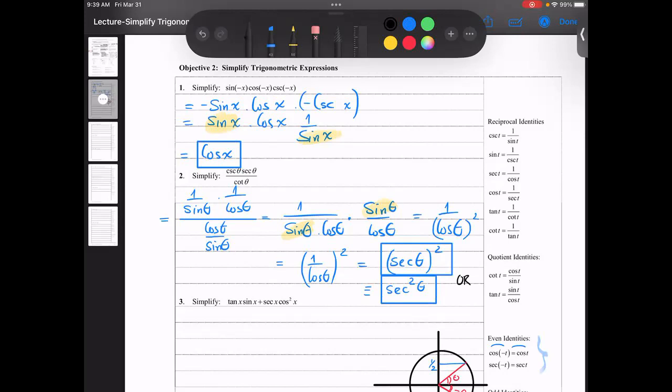Notice that the square is on the secant, in the letters, not on the theta. This is different from secant and then theta squared. You don't have to write this down. The theta being squared, but not the whole function, is different.